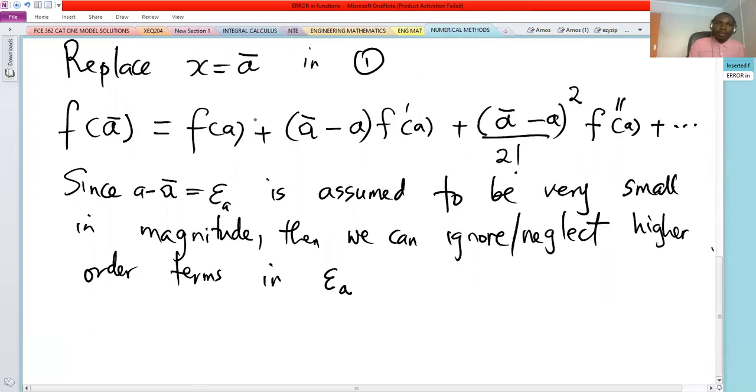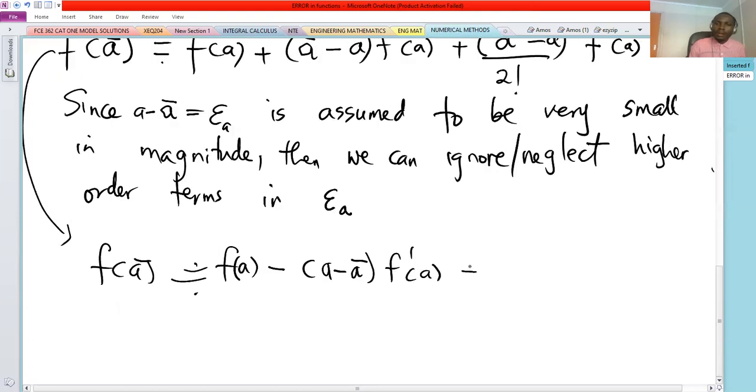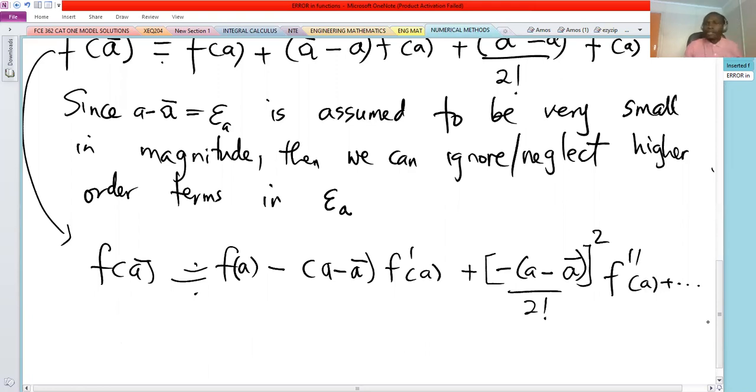Therefore, f of a bar is approximately f of a plus (a bar minus a) f prime at a, plus (a bar minus a) squared over 2 factorial times the second derivative at a, plus other terms of the same kind.